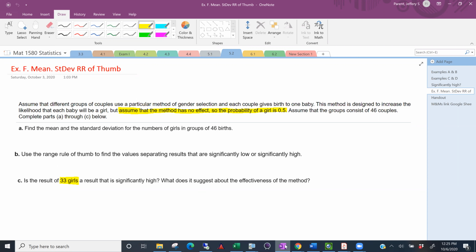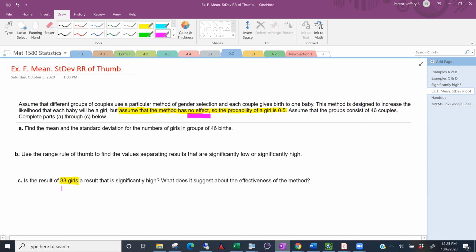The second part is, what does that suggest about the effectiveness of the method? Well, there's two possibilities here. Remember at the beginning of this, we assumed that the method had no effect. Now, if it had no effect and we got a result of 33 girls, one of two things happened.